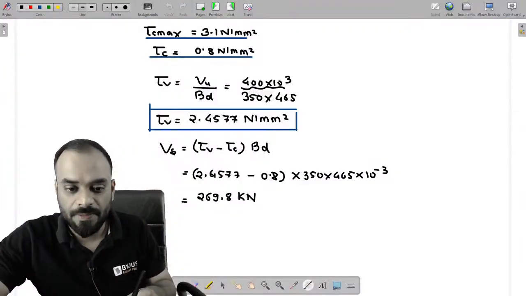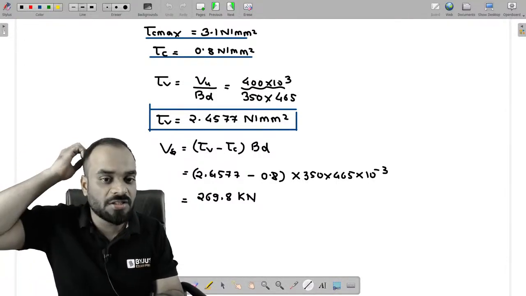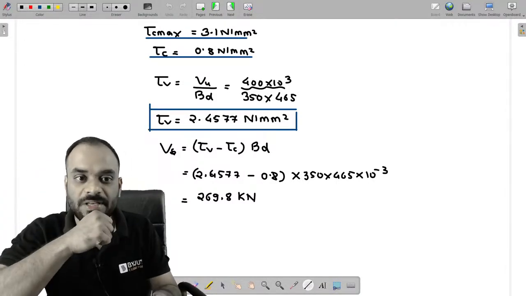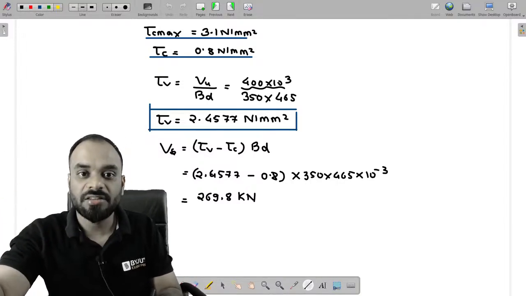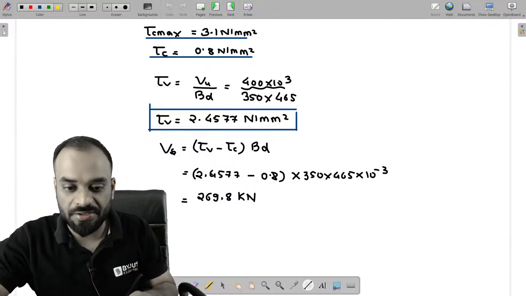Let's consider it. If we double the design shear force, that means if you change the value of Vu, make it 800, then what will happen? That you have to calculate.